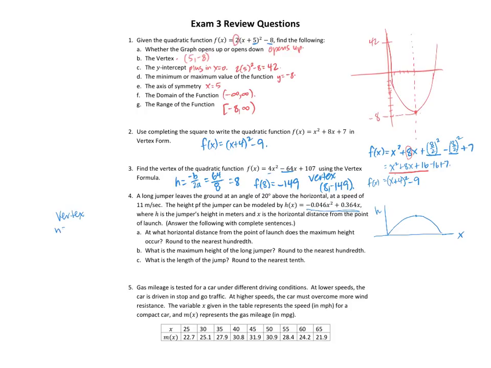We know that h is equal to negative b over 2a, and so that's going to be negative 0.364 over 2 times negative 0.046. So I got 3.956.